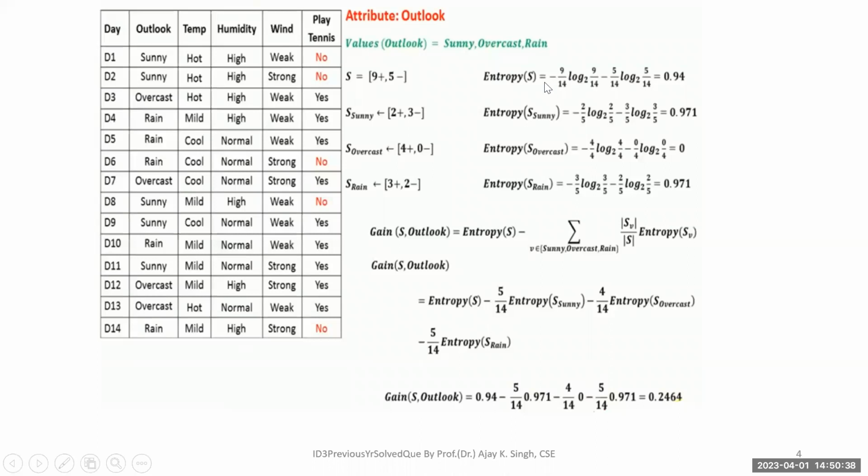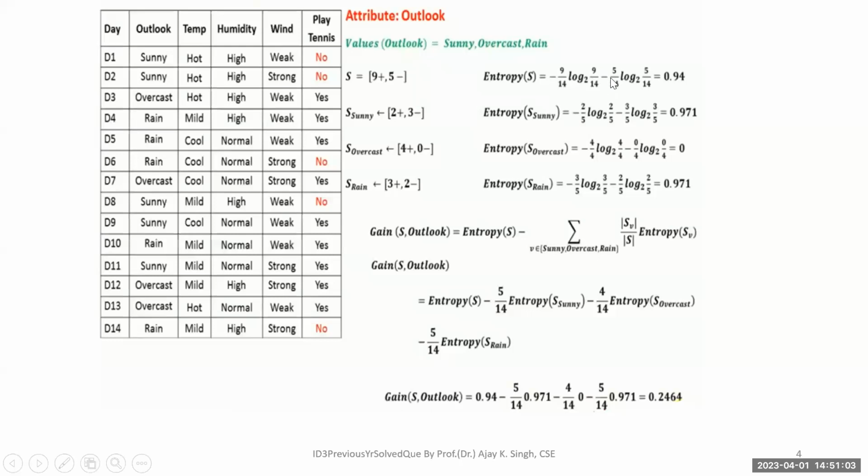Here we are going to take the negative sign: minus positive by total. Positive means yes, and total cases are 14 days. So minus positive by total, log base 2, positive by total.